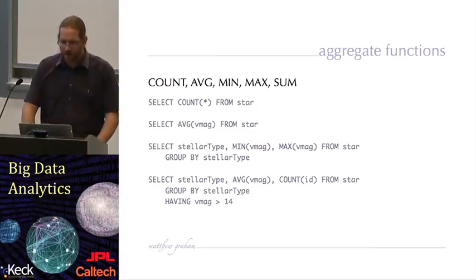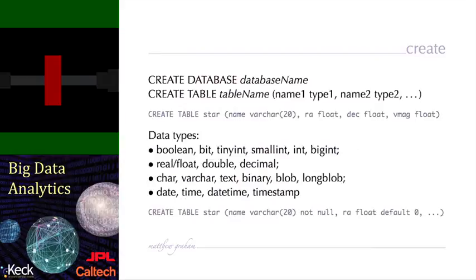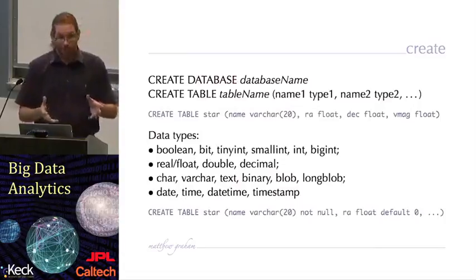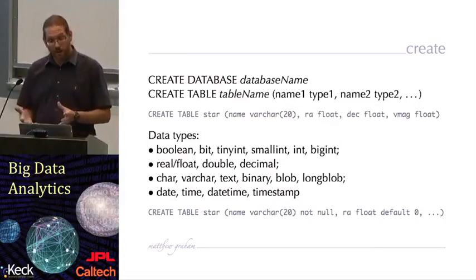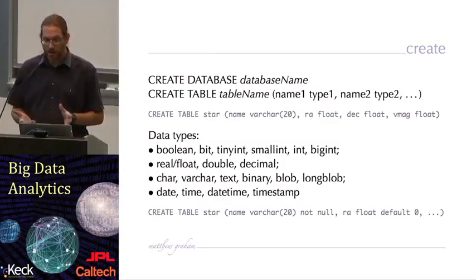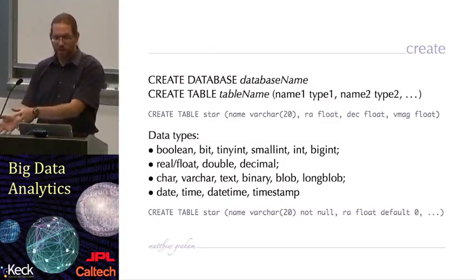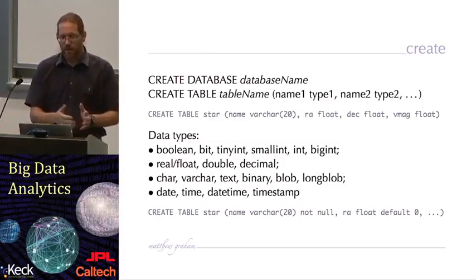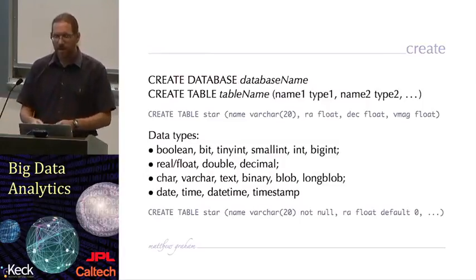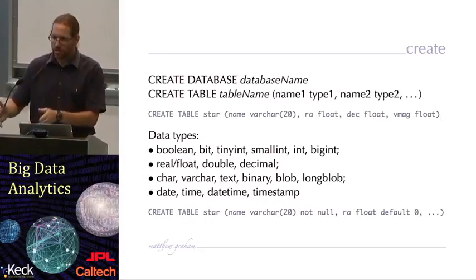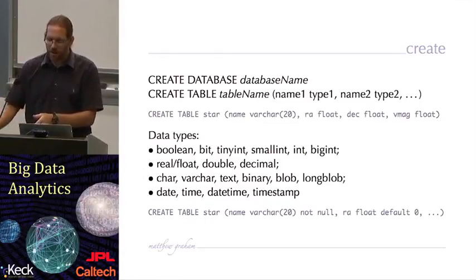If I want to create a new database or create a new table in my database, I would use the create command. The syntax is create database, database name, or create table, the name of my table, and then the column name and the data type for the column as a list.